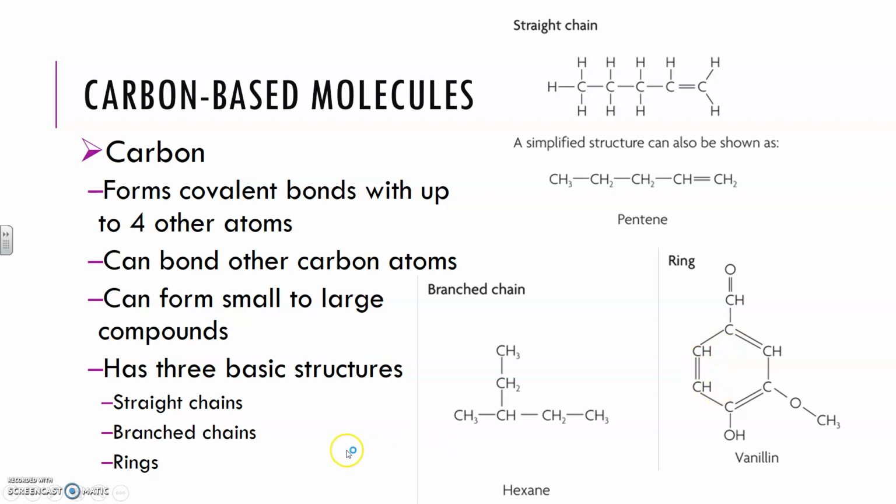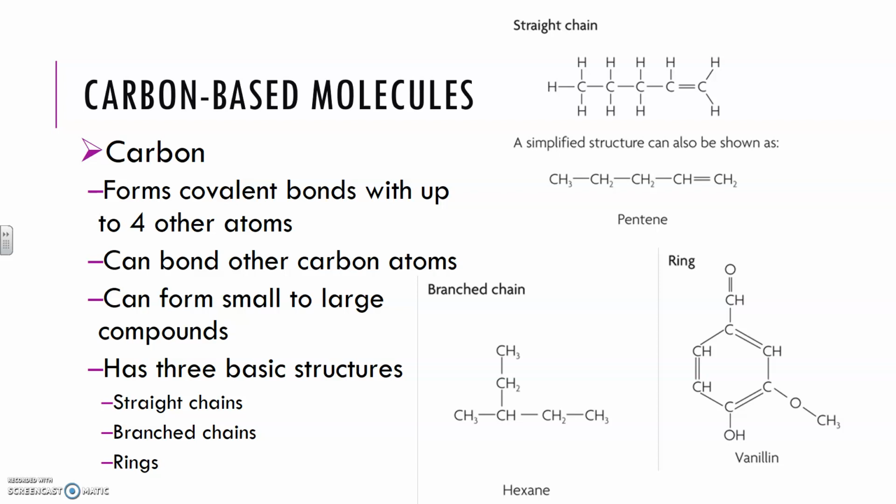A benzene ring is just 6 carbons bonded together in a ring, and you have 3 double bonds included in that. This one with the different groups added onto the carbons, hanging off of the ring, is vanillin. So this is the compound that produces the flavor of vanilla.